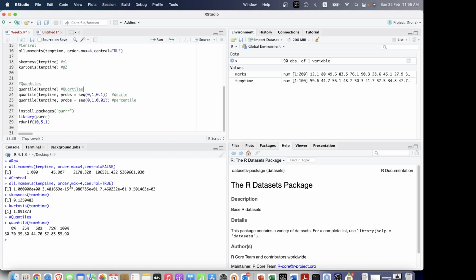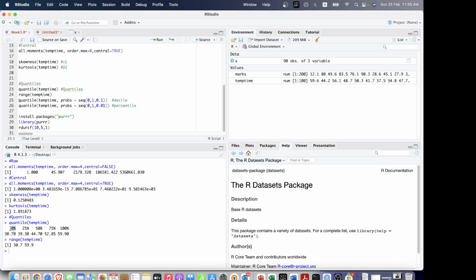Alright, so if you do a range of this temp time, you see the lowest value is 30.7, highest value is 59.9.